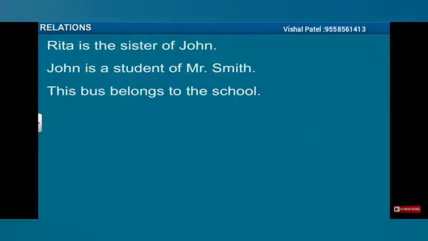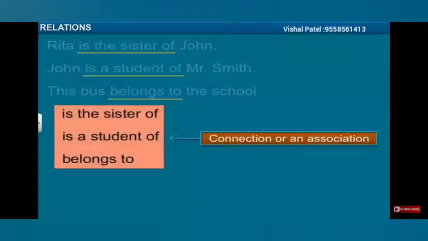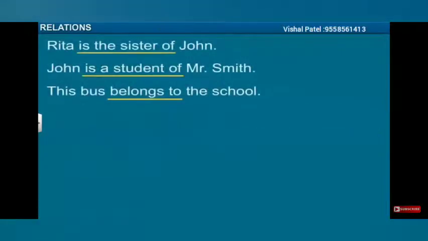So here Rita is connected with John. So "is the sister of" is the relation between Rita and John. And "is a student of" is the relation between John and Mr. Smith. And "belongs to" is the relation between the bus and the school. Right? So this is a connection or an association, a relation.